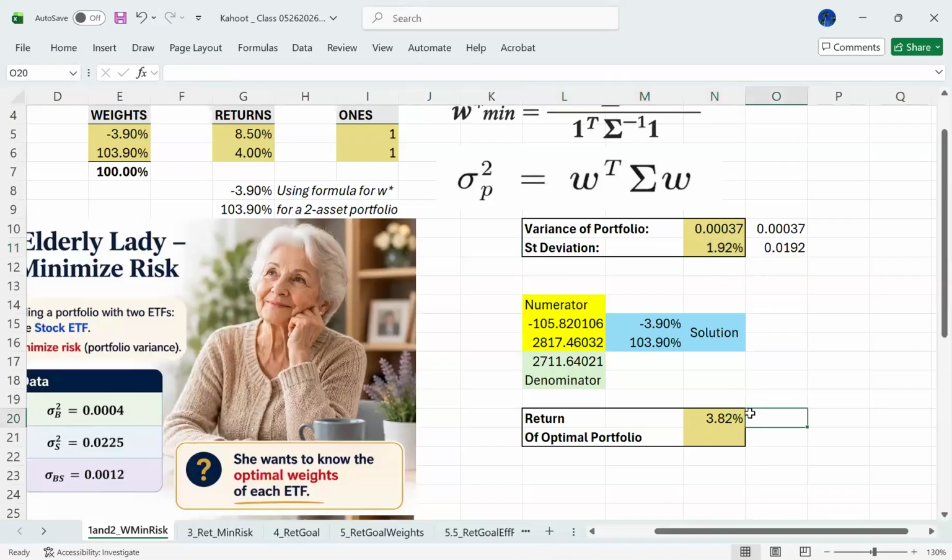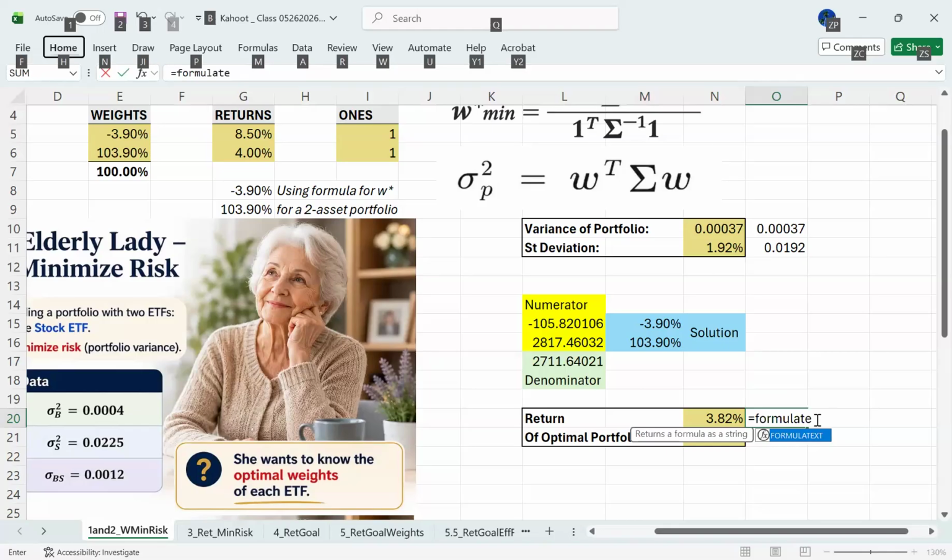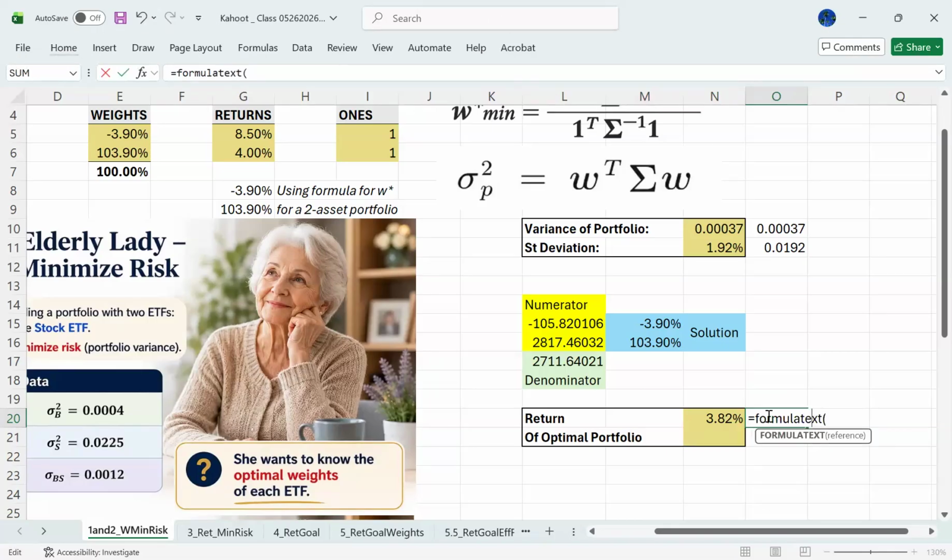Now, I used this formula in matrix form here, and you can keep that formula. It comes in quite handy in many opportunities. But in the specific case of returns, this is just a weighted average.